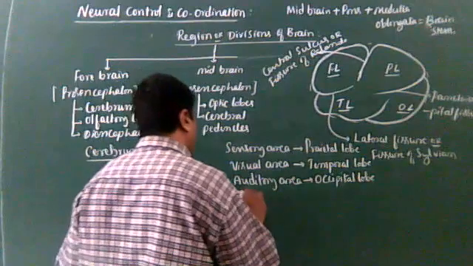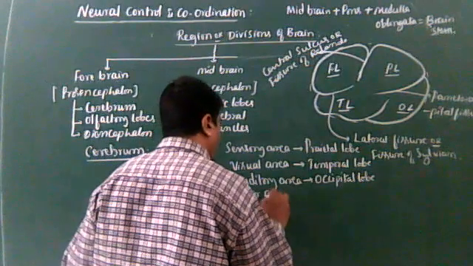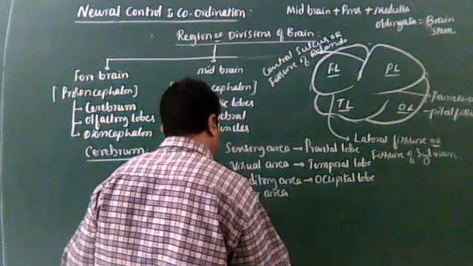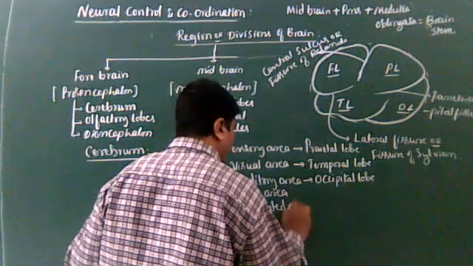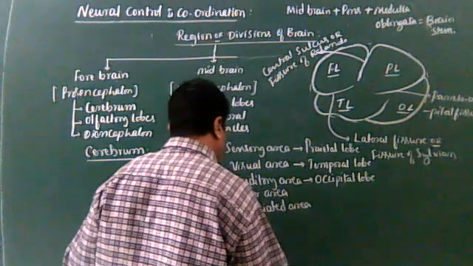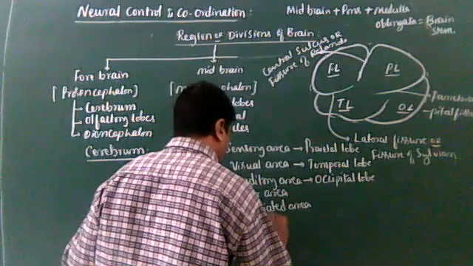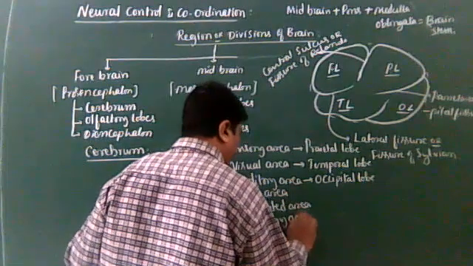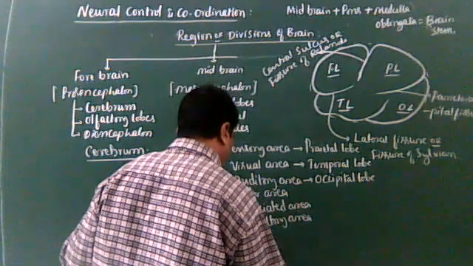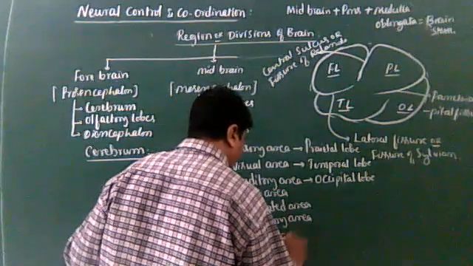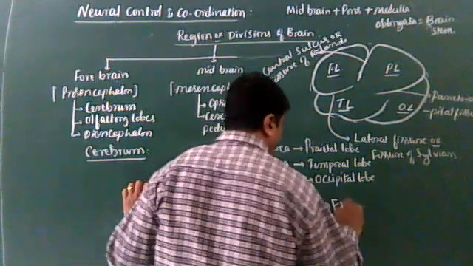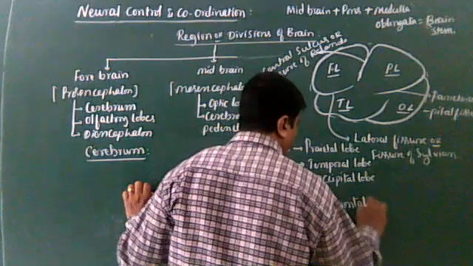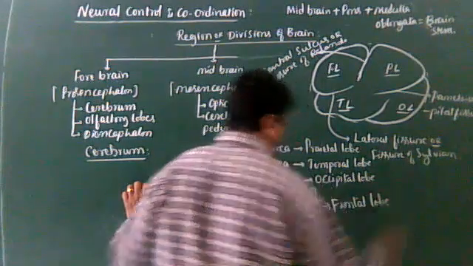And also motor area, associated area, olfactory area, and Broca's area. All these areas are present in the frontal lobe.